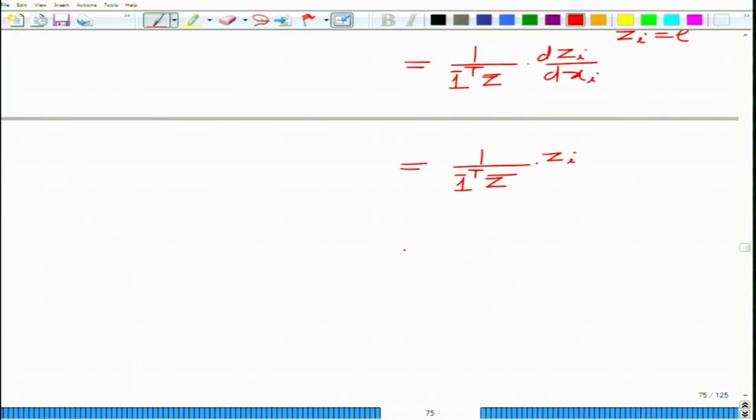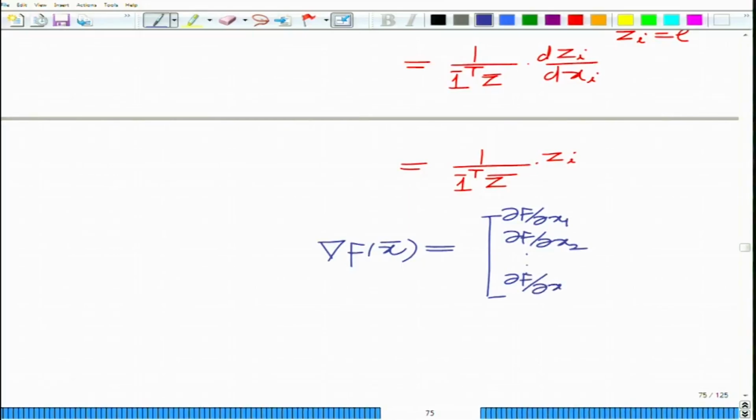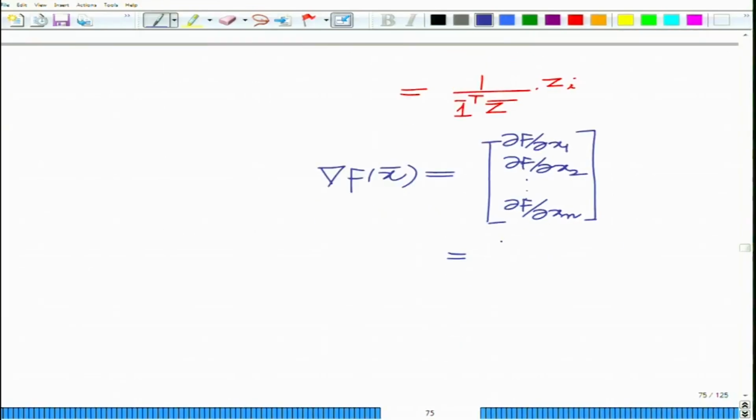So if you look at the gradient, which is the derivative of f of x with respect to each component, that is equal to z1, z2, up to zn, times 1 divided by 1 bar transpose z bar.